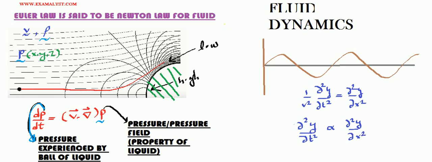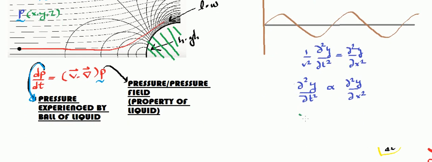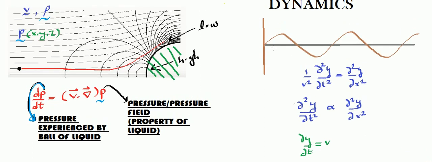Now let's try to understand. What is dy by dt? Dy by dt is the velocity of each particular oscillator. So if I have a particular oscillator here, it is moving up with a particular velocity. This velocity is equal to dy divided by dt.